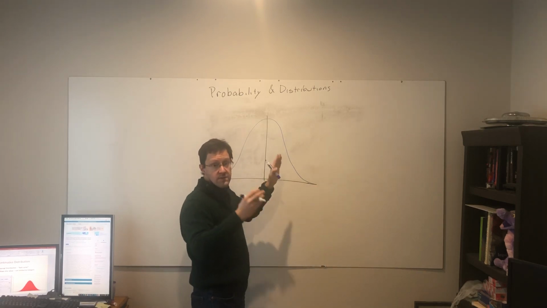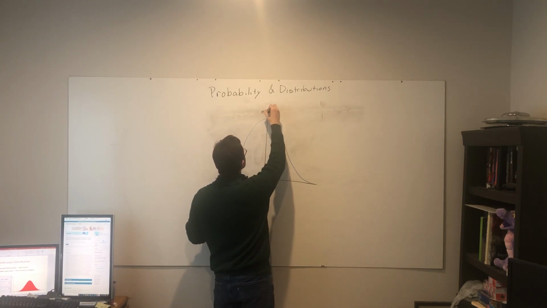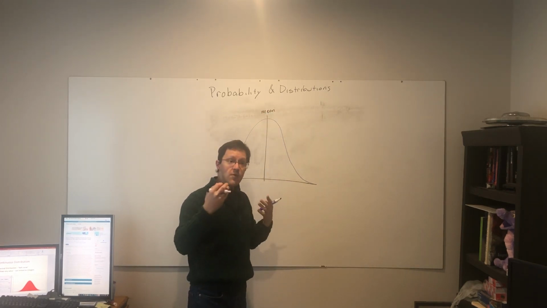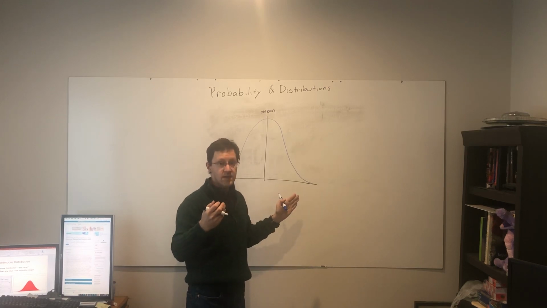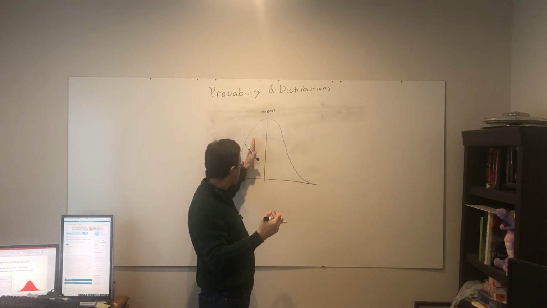So we've seen this to be symmetric. Values above the mean are just as likely as values below the mean. The most common value is itself the mean. So the mean is the mean, the median, and the mode. They're all the same. And how wide this is is based upon the standard deviation.